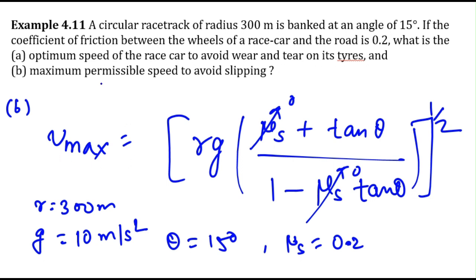So the optimum speed in this case will be the square root of r g tan theta.